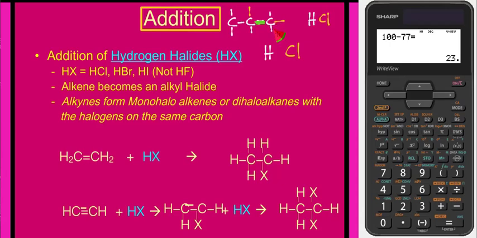Actually, this one had 1, and then this one had 1, 2. Yeah, I almost said the wrong thing. The first carbon has 2 H's. The second one, 1 H. The one that is rich with H, the black H's, that's where the H should go. So that H should belong here.